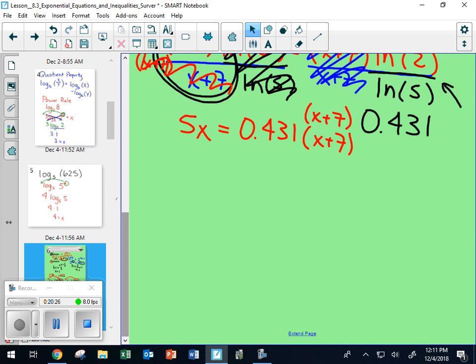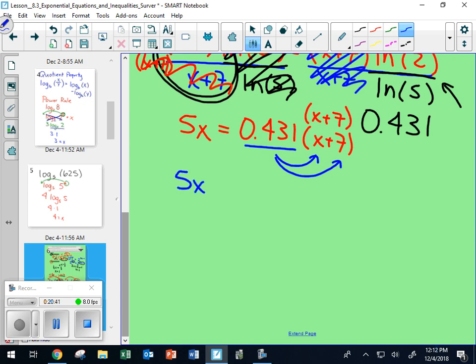So now that we have this, because this is a number here, we can take our number and distribute our number to both parts of our x plus 7 quantity. So we have 5x is equal to 0.431x plus 0.431 times 7, whatever that value will be.